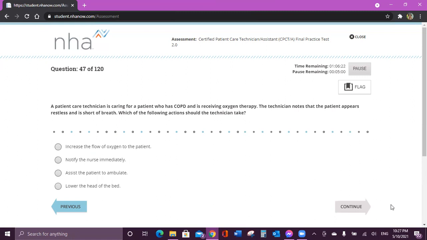A patient care technician is caring for a patient who has COPD and is receiving oxygen therapy.